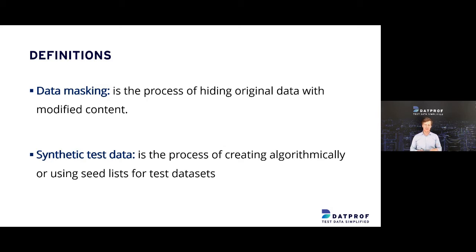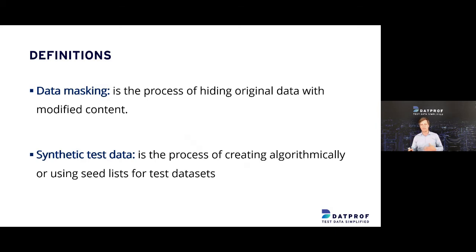The real issue is, of course, that there's already data available. So there is existing data, which can be in a database, for example, but for this webinar I don't really care if it's in a database or in a different kind of source, flat files, whatever it may be. The end result is that you have existing data and you will try to modify it.